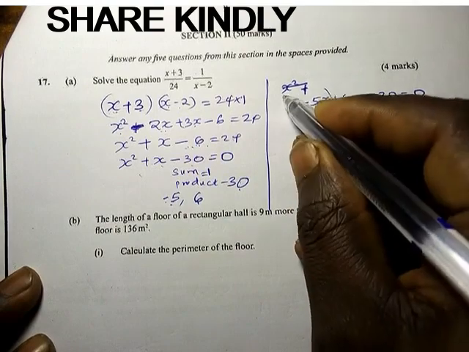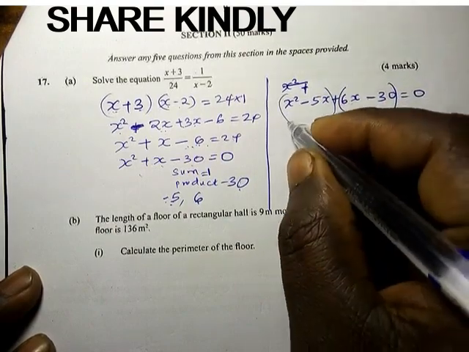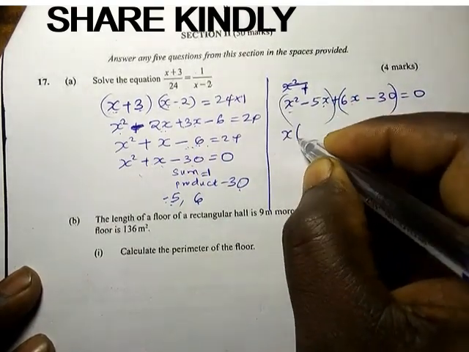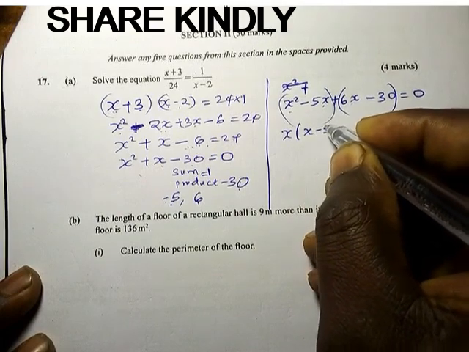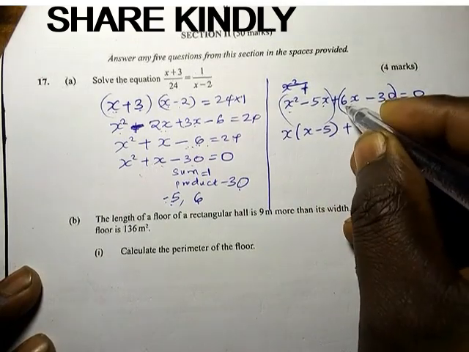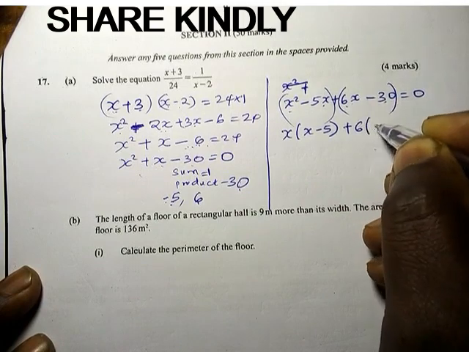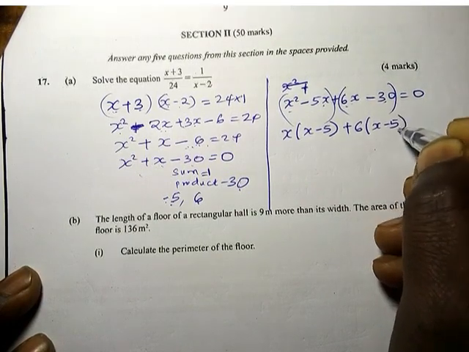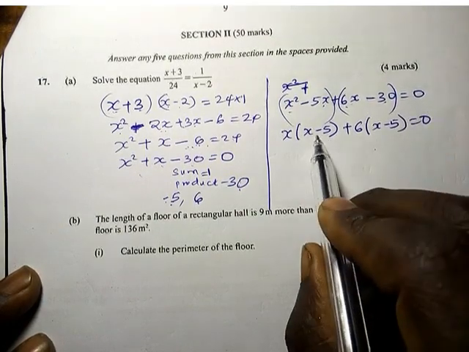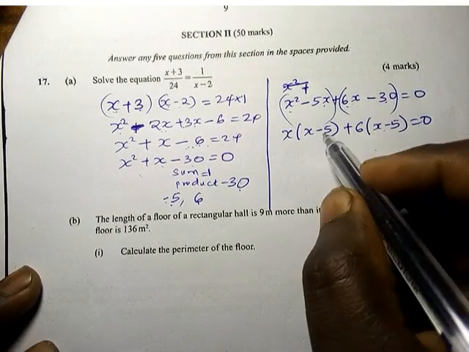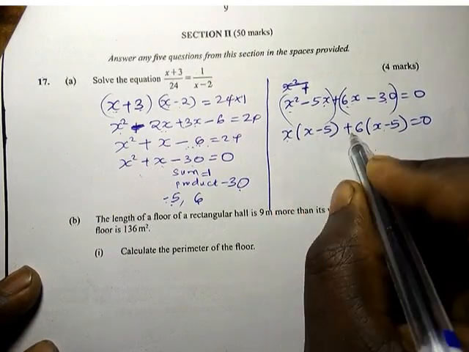So group them into 2. The common factor here is x into (x − 5), plus the common factor here is 6 into (x − 5), equal to 0. If you look, this and this are similar, so you pick one, and then (x + 6).